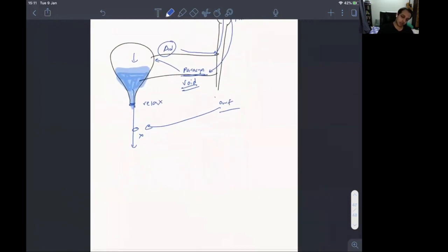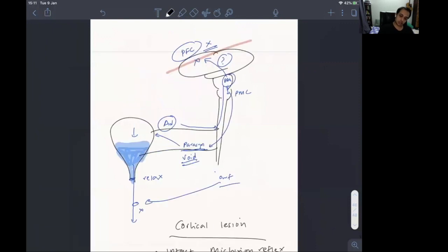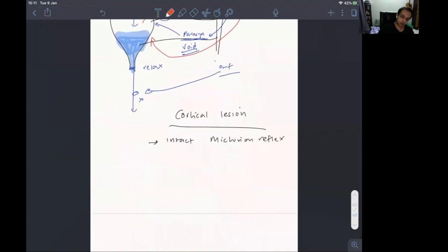So in a cortical lesion, you will have an intact micturition reflex, because your basic micturition reflex is still active. So up from the A delta up to the PAG to the PMC and back via the parasympathetic, this reflex is still intact.